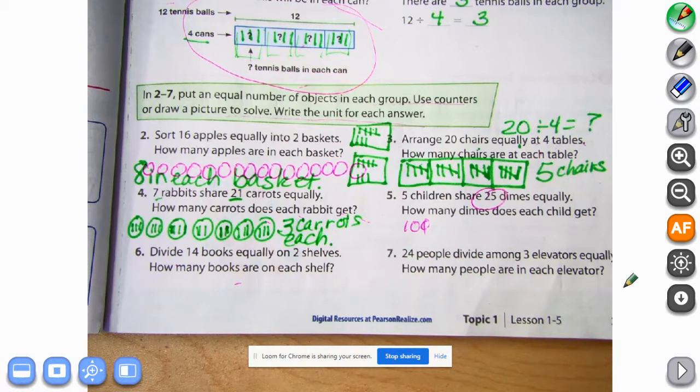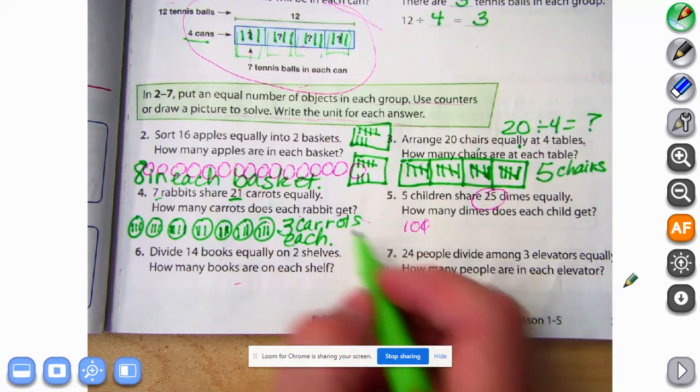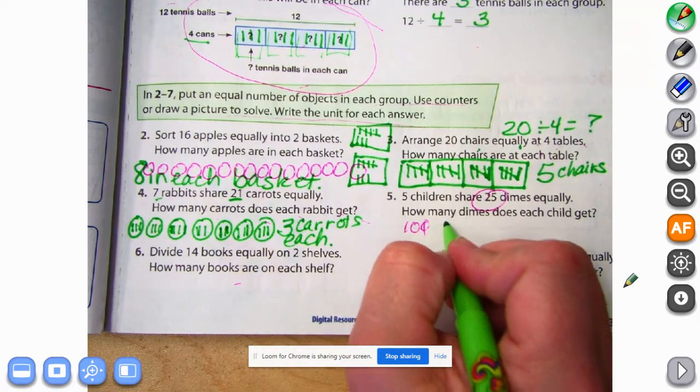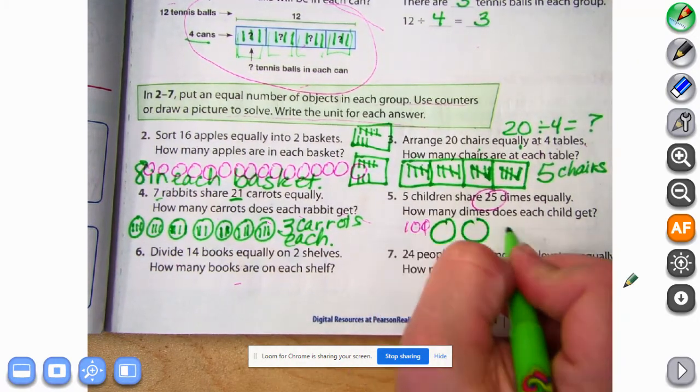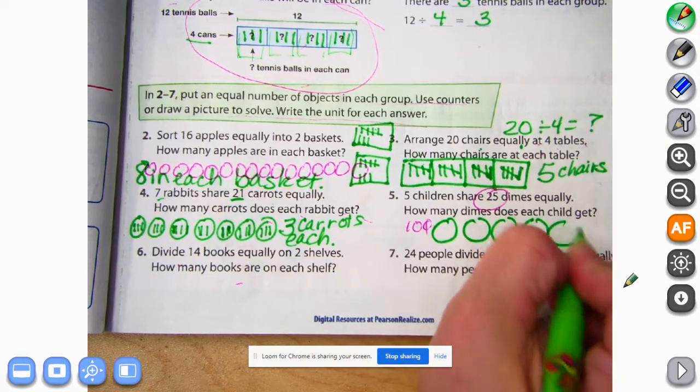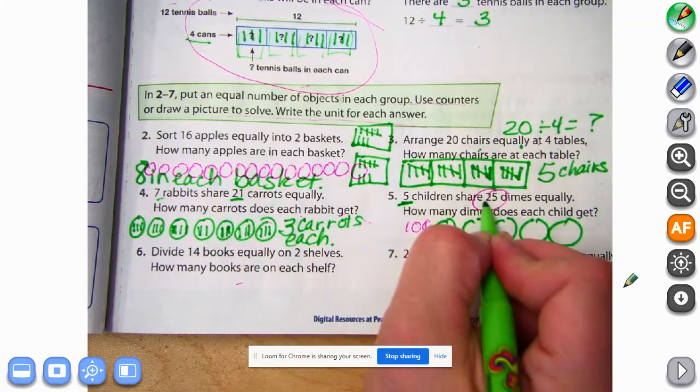All right. Number 5 says, 5 children share 25 dimes equally. How many dimes does each child get? So we have 5 children. So let's do 1, 2, 3, 4, and 5. 5 kids, and we're going to count up to 25.